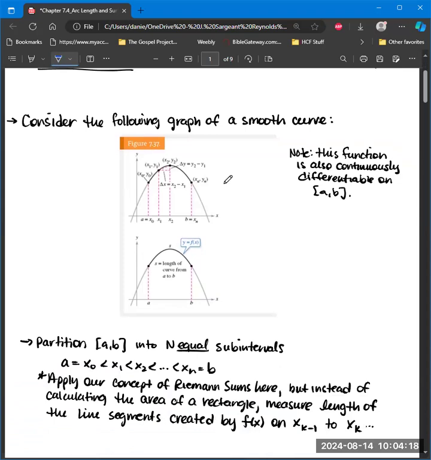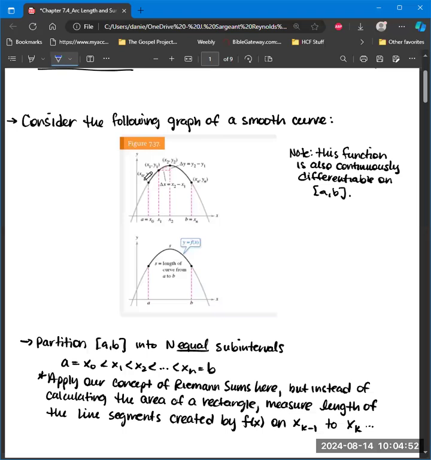So let's consider the following graph of a smooth curve. It's smooth because it has no cusps, no sharp points, and we don't have holes or jumps, so it's a continuous curve here. And it has no places where it comes to a sharp point, where the limit of the derivative from the left and the right is different.